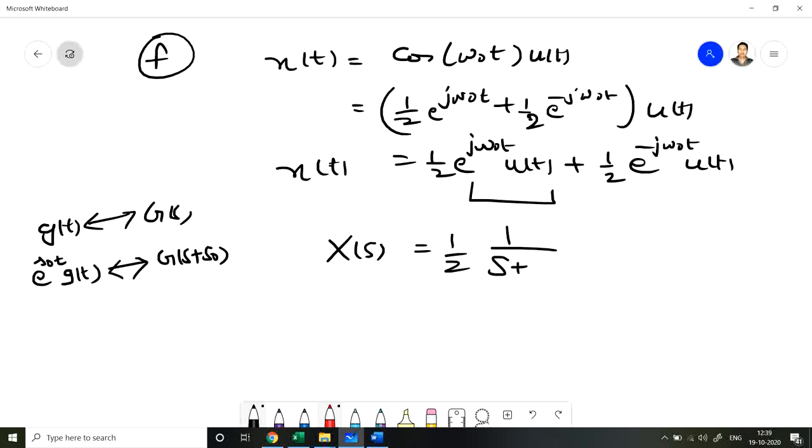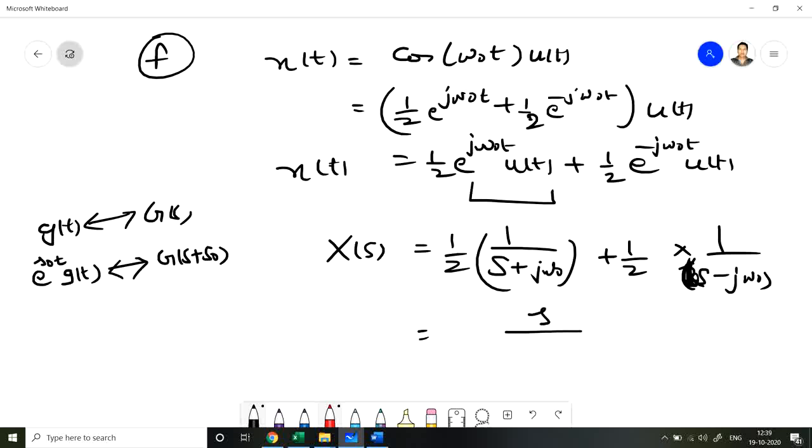So basically the Laplace transform of del dash t, so what is the Laplace transform of u(t)? The Laplace transform of u(t) is 1 by s.